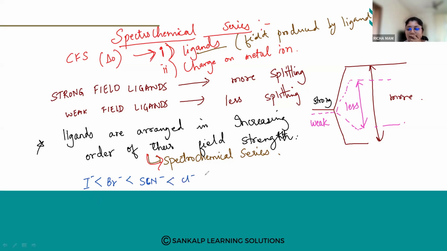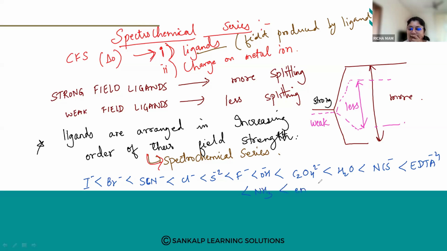Then you have Cl minus, then S2 minus, then fluoride ion, then hydroxide ion, then oxalate ion, then water, then NCS, that is your isocyanide ion, then EDTA, tetraethylene diamine tetraacetate. Then you have ammonia, NH3, then ethylene diamine, then it continues up to cyanide and carbonate.